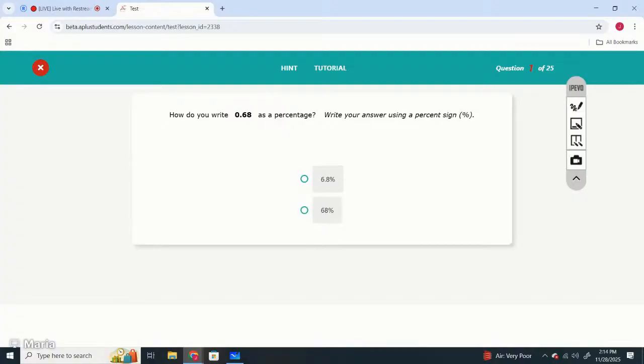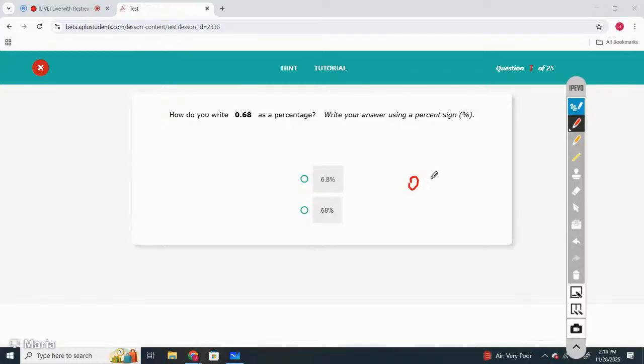So we are going to convert from decimal to percent. So we need to multiply it by the 100. So 0.68 times 100. The 100 has two zeros, so you need to move the decimal point two places to the right. So that is 68%.